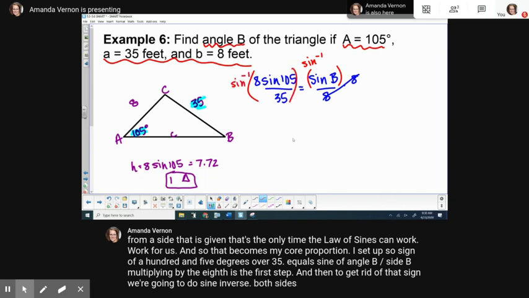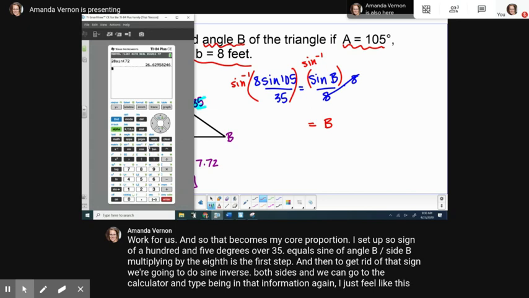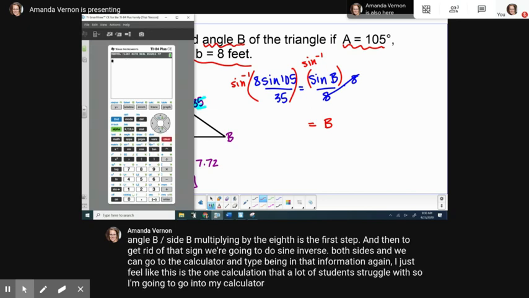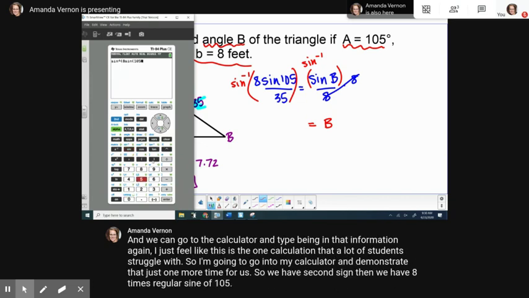And we can go to the calculator and type in that information. Again, I just feel like this is the one calculation that a lot of students struggle with. So I'm going to go into my calculator and demonstrate that just one more time for us. So we have second sine, and then we have 8 times regular sine of 105 divided by 35.